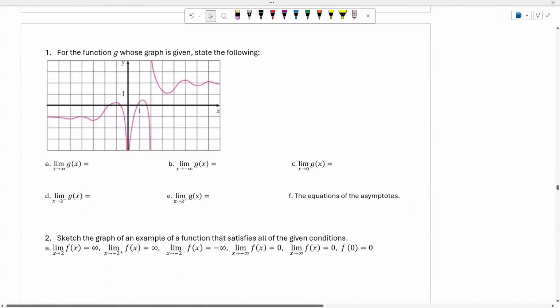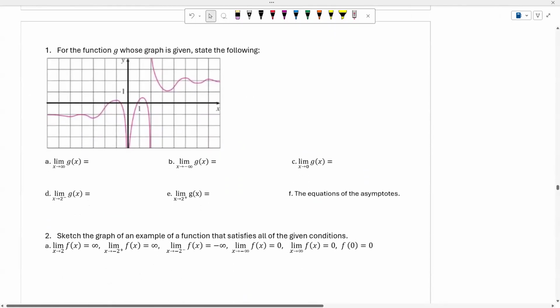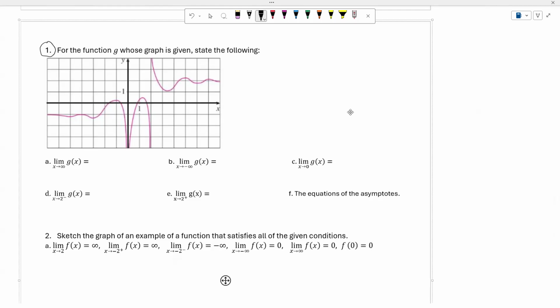Now let us look at the following example one. In this example, we would like to find the limit as x approaches infinity and negative infinity of g of x, or as x approaches 2 from the left-hand side and the right-hand side, and see what is going on there.